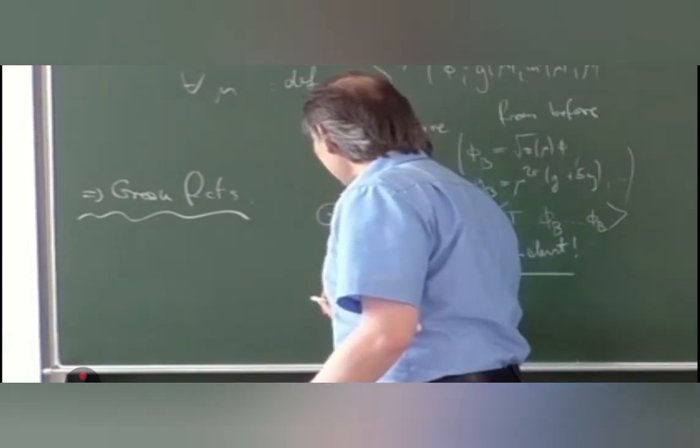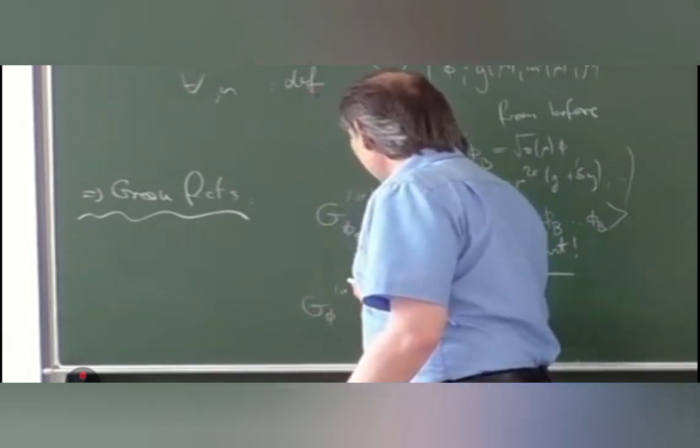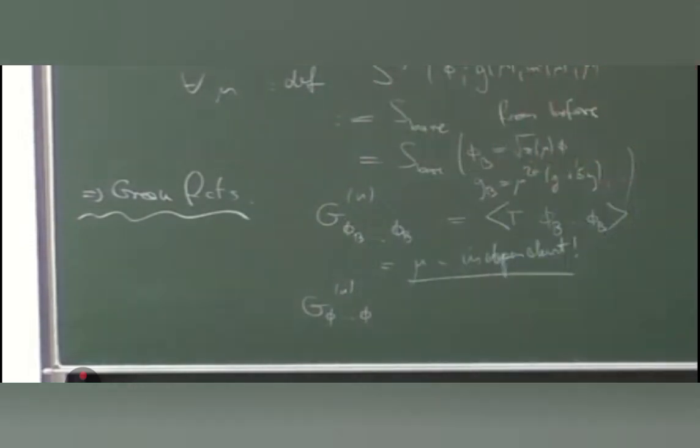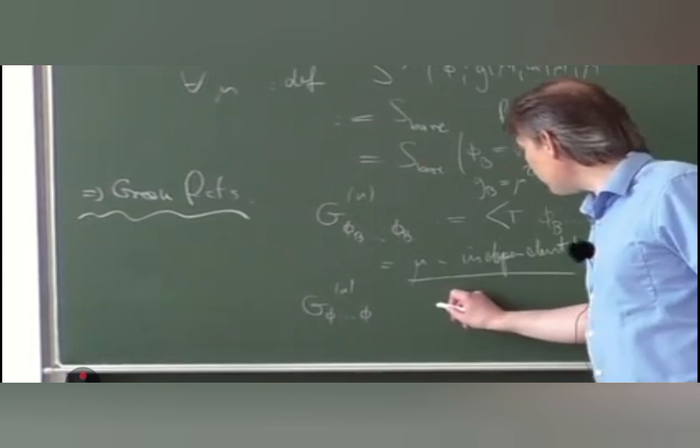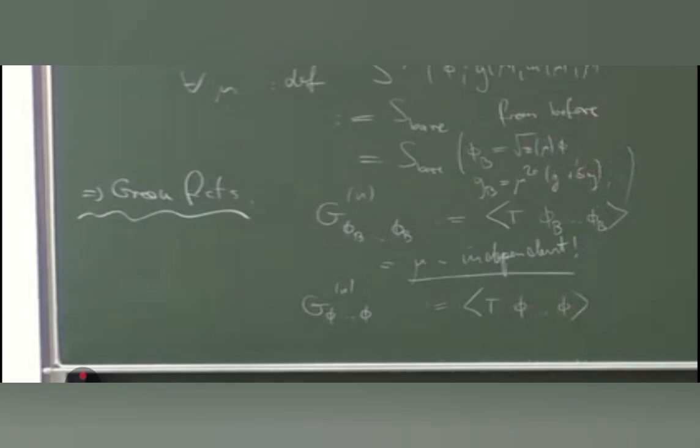But now there are actually more interesting green functions, namely the renormalized green functions, which are the time-ordered expectation values of the renormalized fields. So what is the advantage of those green functions compared to these ones?